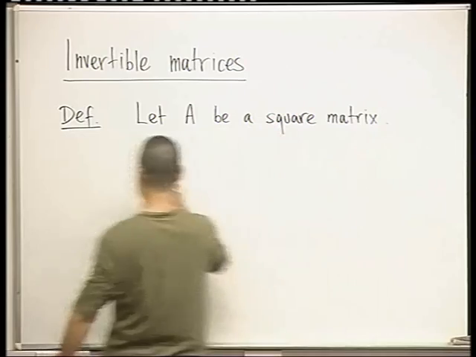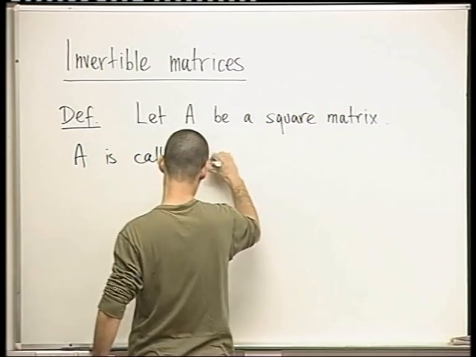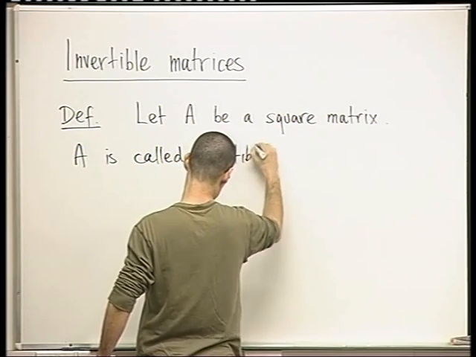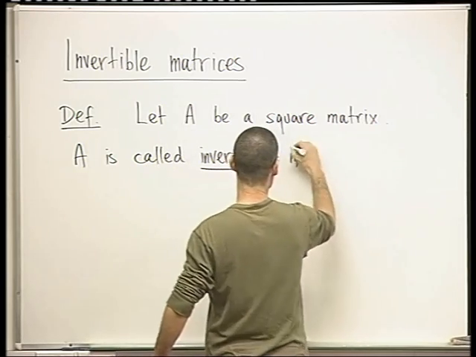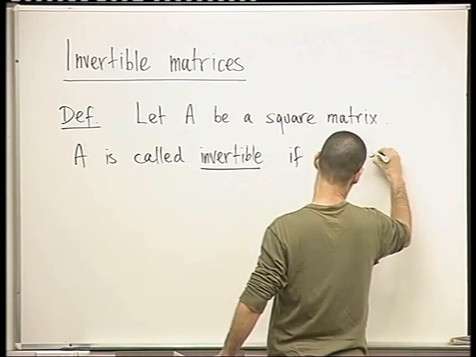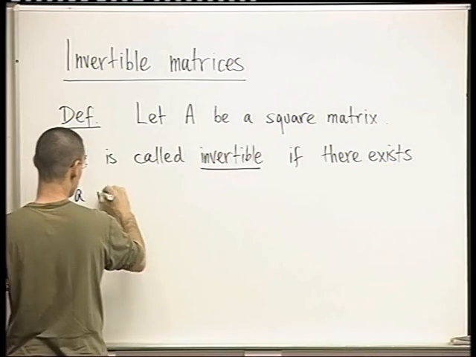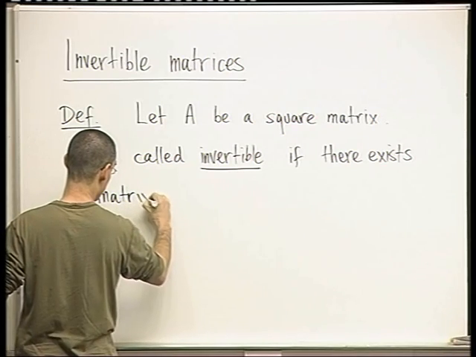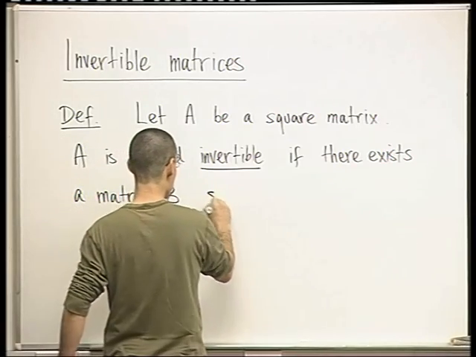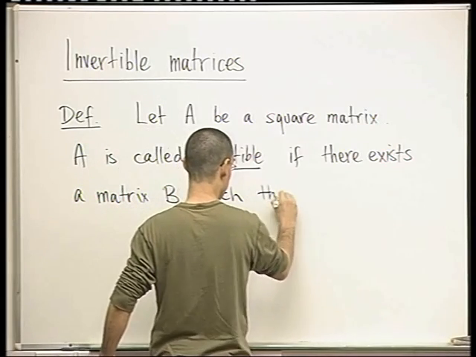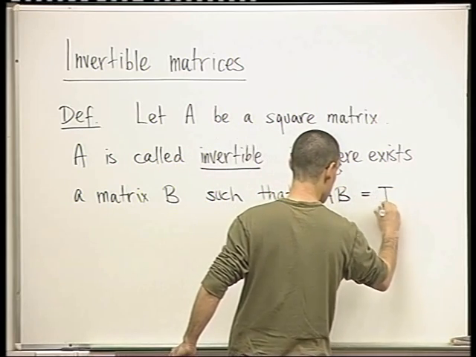A is called invertible. That's what we're defining. If there exists another matrix, let's call it B, such that A times B equals the identity matrix.